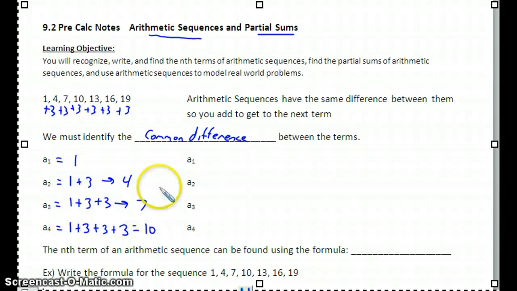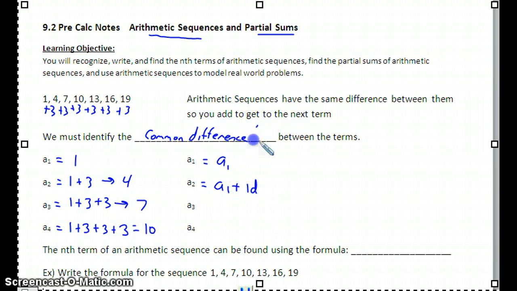So if we think about this, the way that we're actually finding the generic formula is by taking our first term and adding several common differences to it. So our first term we just find by taking the first term, whatever it is, a sub 1. But our second term, we took our first term, which was 1 specifically, so we'll just call it generically a sub 1, and we added 1 common difference.